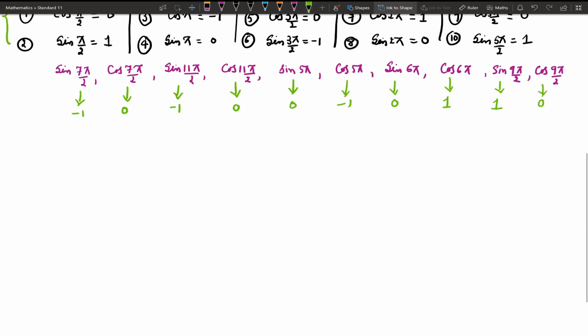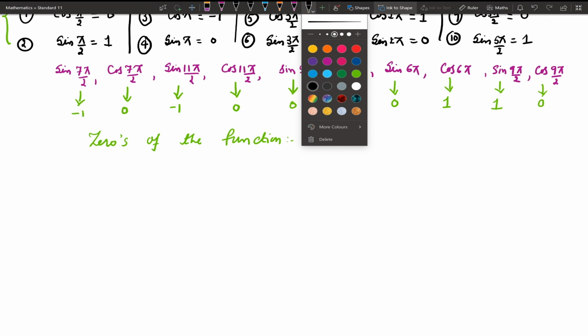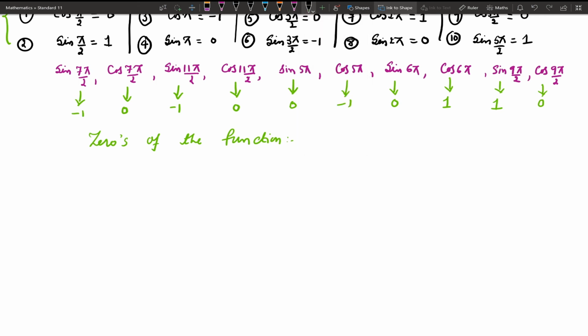Now we define zeros of the function. First we define what zeros of a function are. Let f be a real valued function.